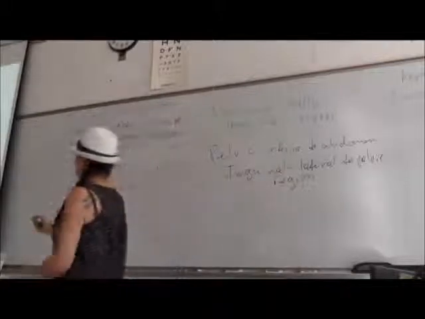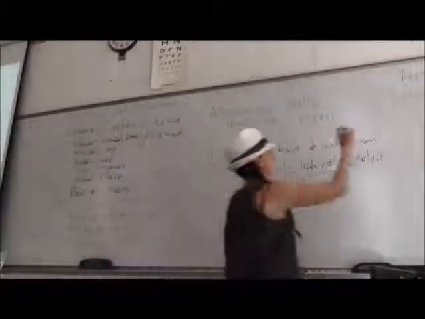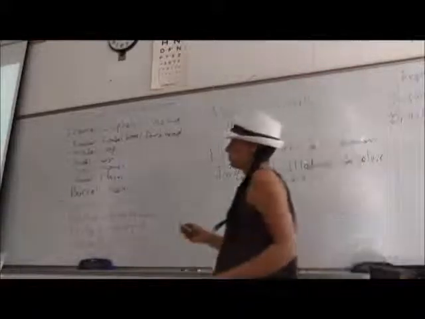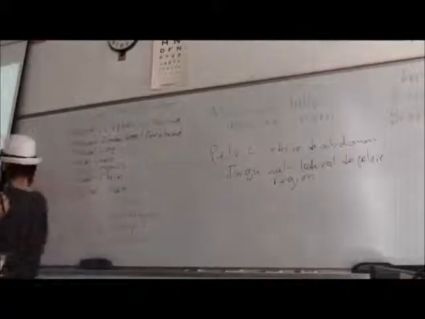The upper part of your arm, where your biceps are, is referred to as the brachial region. So brachial is your upper arm. This anterior portion in front of your elbow, we call the antecubital region.